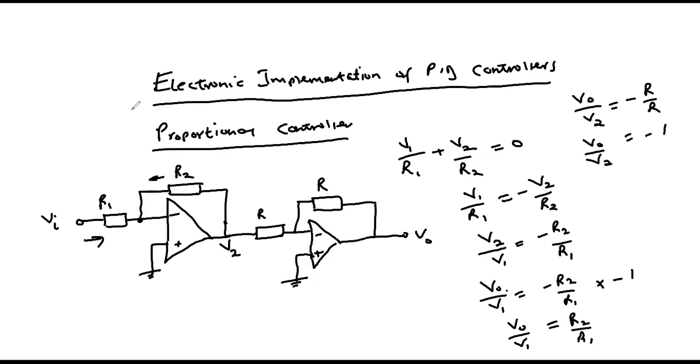From the description of the proportional controller, we said that U of t is proportional to the error signal, where our controller was defined by U of S over E of S is equal to Kp.